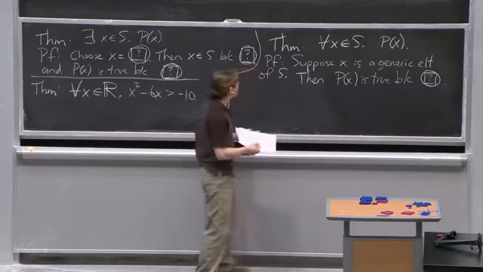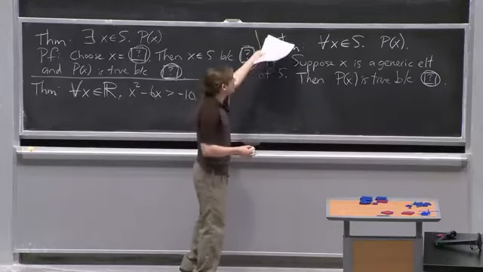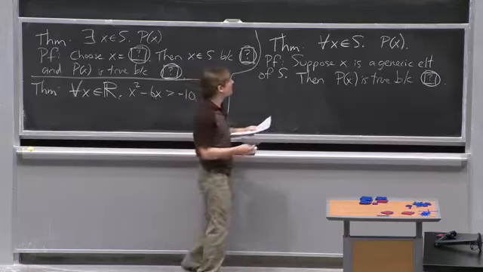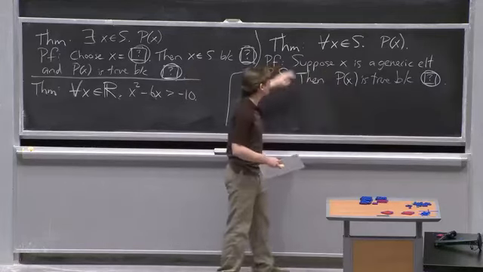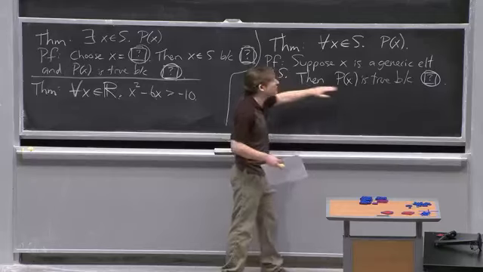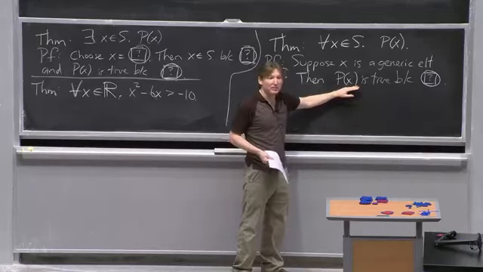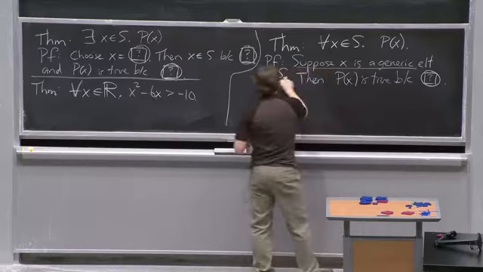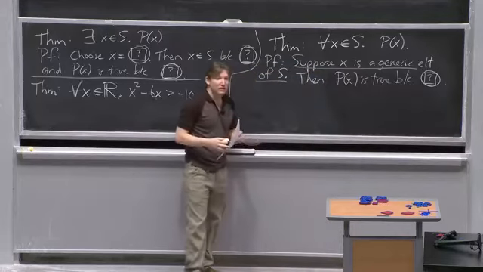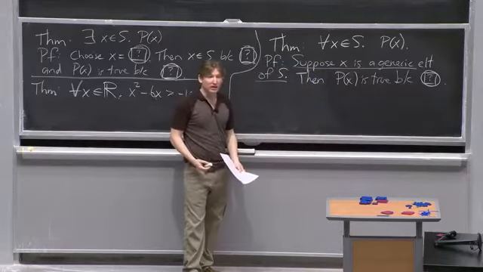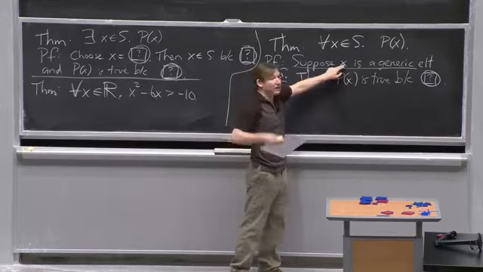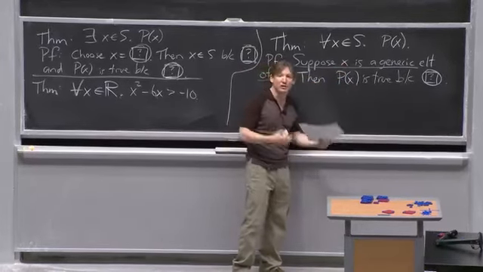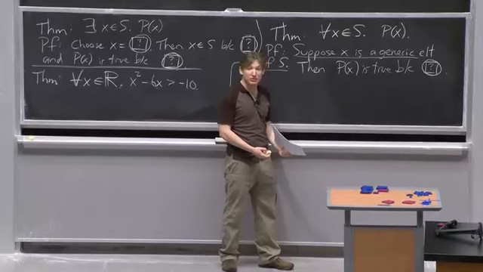Again, these might look very similar to you, and they are. This says everything in S has this thing. This says a generic thing in S has this property. The difference is that "suppose x is a generic element of S," or however you want to phrase that, makes it concrete. It gives us a particular x to talk about. So now we have something to use and talk about and reason about inside of our proof.